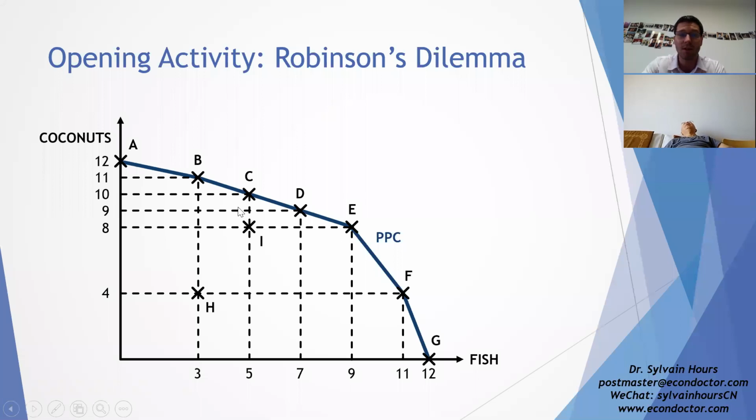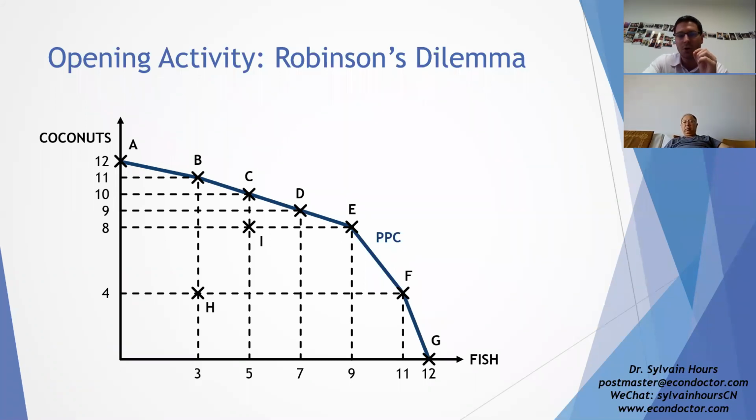It is impossible, which means that if Robinson wants to maximize his satisfaction, he needs to use the entire amount of time at his disposal, 6 hours. He should not sleep, because if he chooses to sleep, he will not produce anything. And if he does not produce anything, he will have fewer coconuts and less fish to consume.